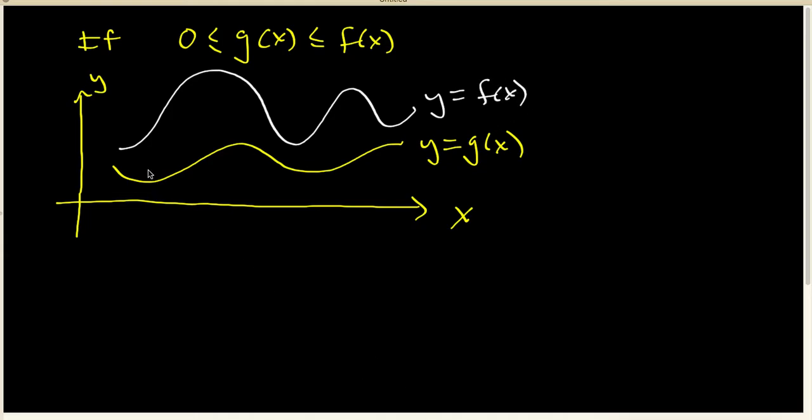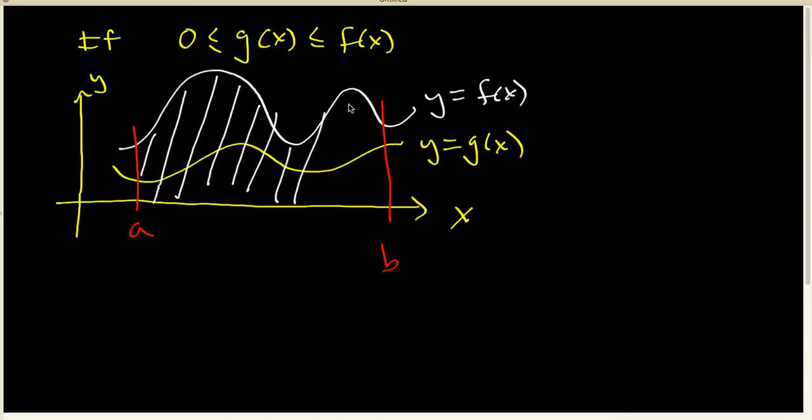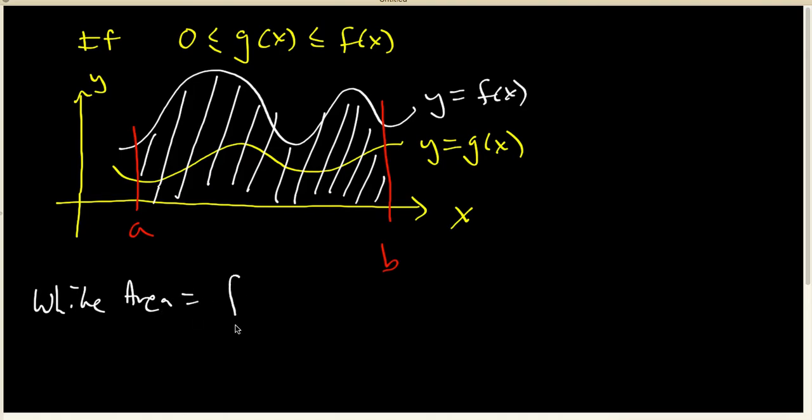And I want to get the endpoints of my integral. So there's a and there's b. And what I'm going to do is shade in the area for each integral. Now, if I'm going all the way up to the f curve and all the way down to the axis, this white area, of course, is the integral between a and b of f of x dx.